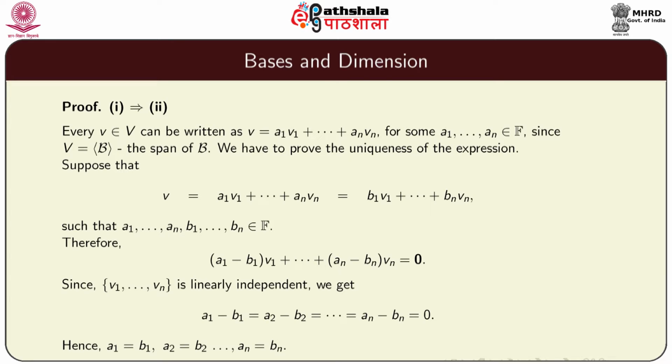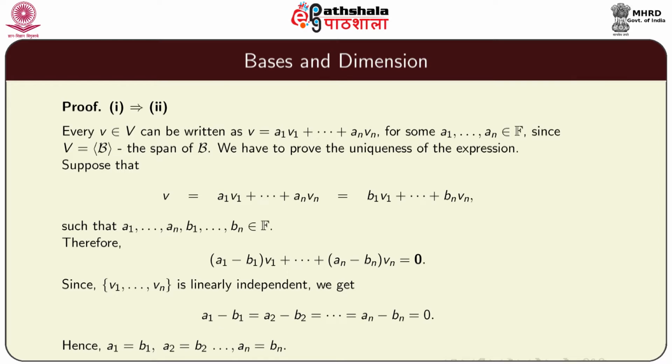What does that mean? That means if you have one more linear combination using v1, v2, ..., vn given by b1 v1 and so on up to bn vn, and that also represents v, then the scalars should match. That means a1 should be equal to b1, a2 equal to b2, and so on, an equal to bn. This would prove uniqueness of expression.